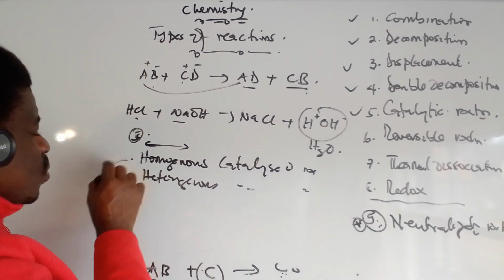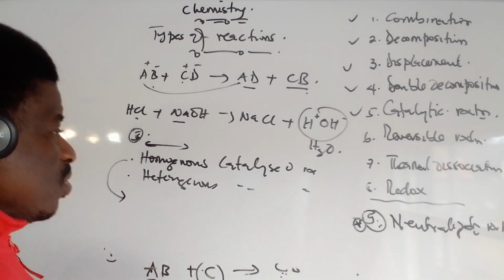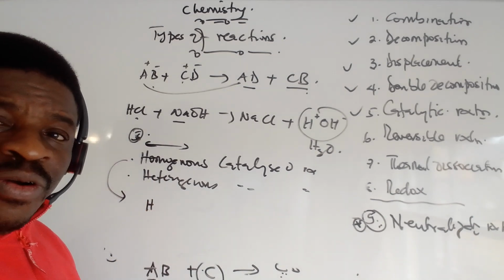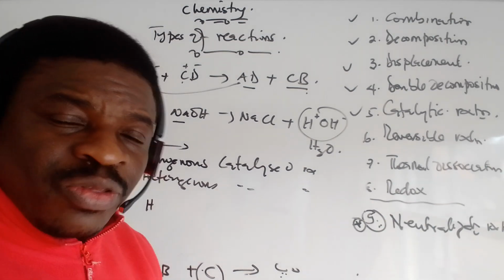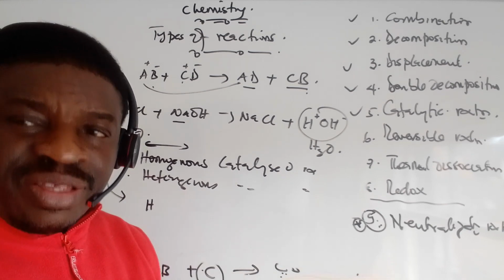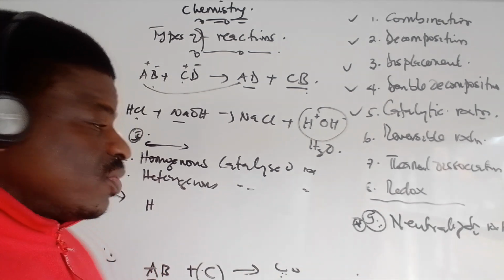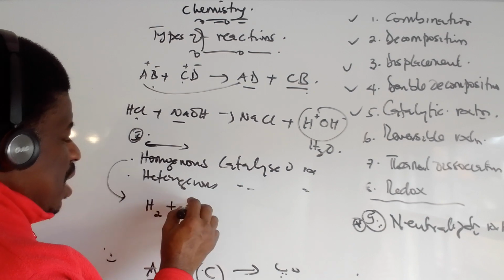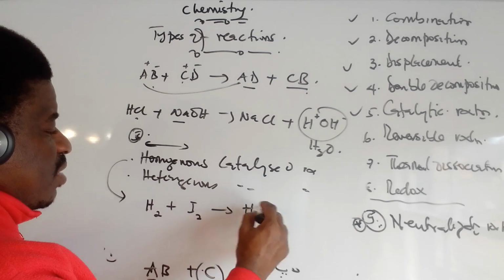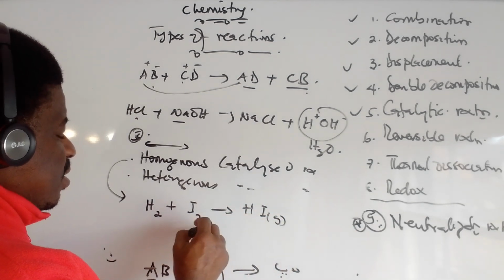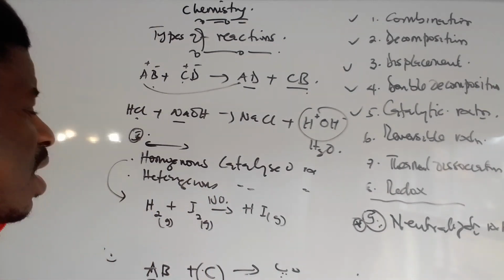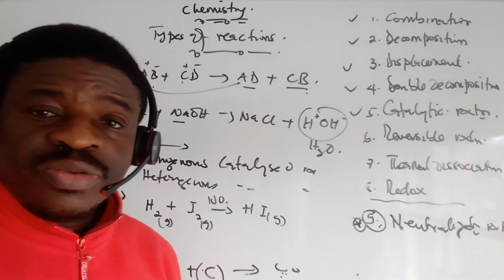When we say a reaction is homogeneous catalyzed, that shows that the reactants and the products and the catalyst are all in the same physical phase. Phase in the sense that they are gaseous. Take for example, if hydrogen reacts with iodine to give you hydrogen iodide, this is gas, this is gas, this is gas, and sometimes you can use nitrogen(II) oxide in this catalytic reaction, which is also a gas.